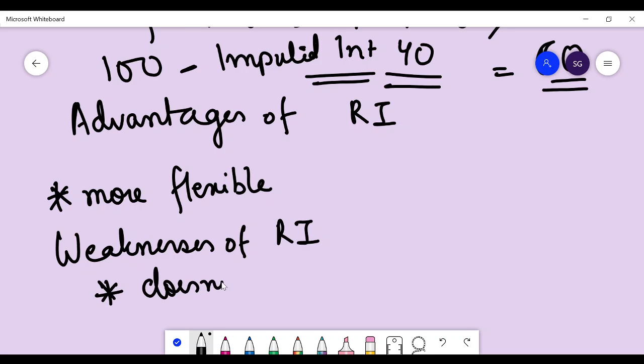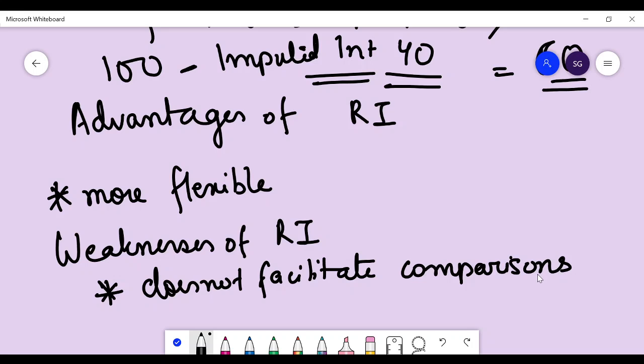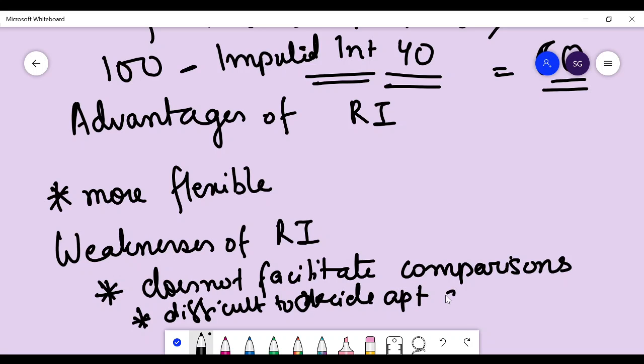It does not facilitate comparisons of different sizes of divisions. Next, it is difficult to decide the appropriate capital employed measure on which to base the imputed charge.